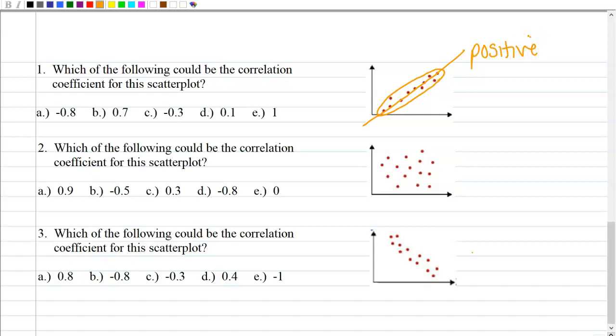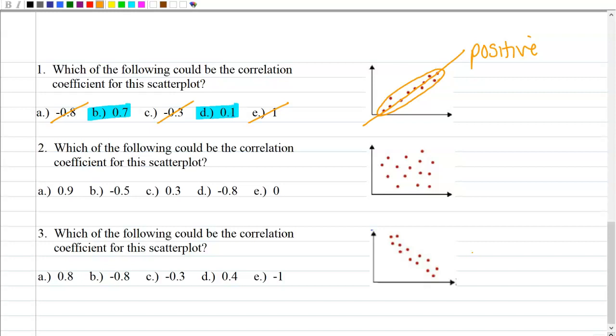So looking at my answer choices, I can cross off the two R values that are negative. I can also cross off the R value, E, which is 1. The reason I can cross that off is because these points are not exactly linear. Now we're left with two possible options, 0.7 and 0.1.